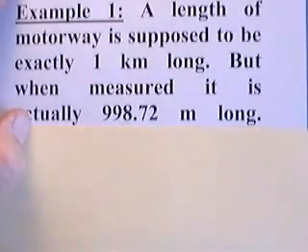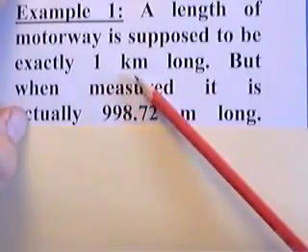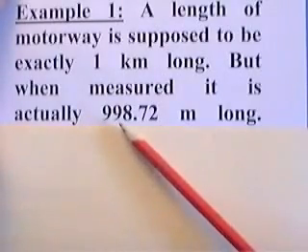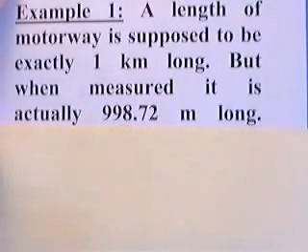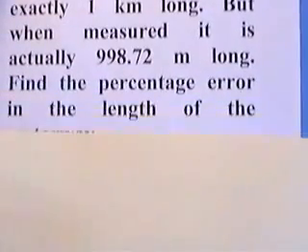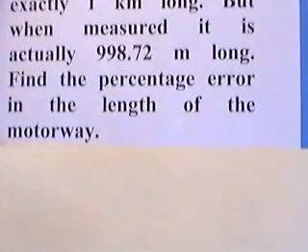998.72 meters long. Okay, so it's supposed to be 1,000 meters long, 1 kilometer long, but when they measure it, it's actually 998.72 meters long. Okay, well, find the percentage error in the length of the motorway.